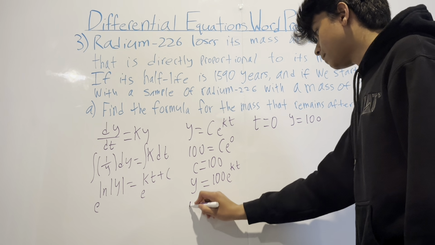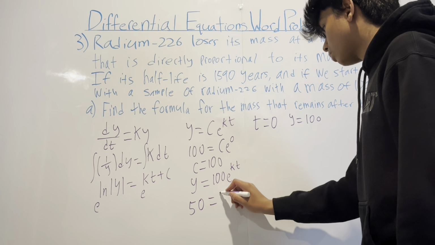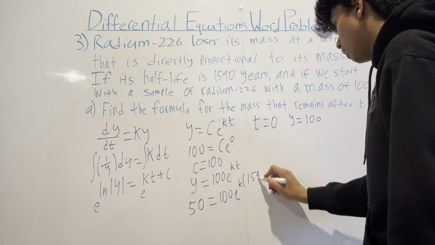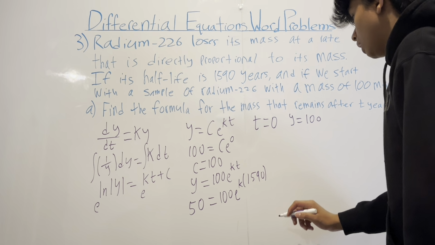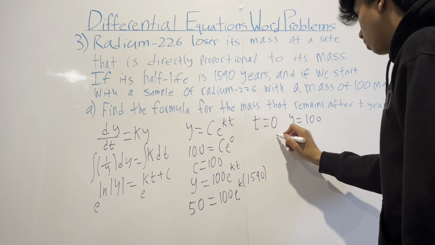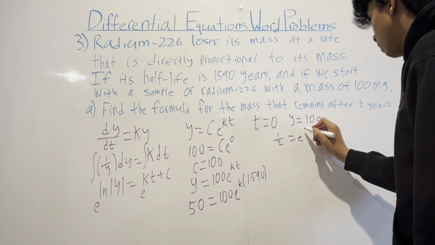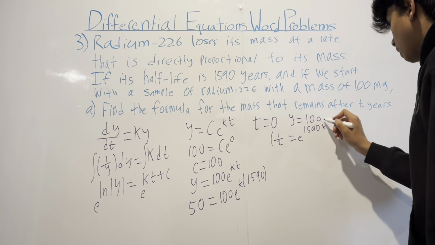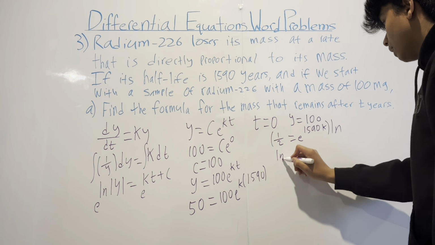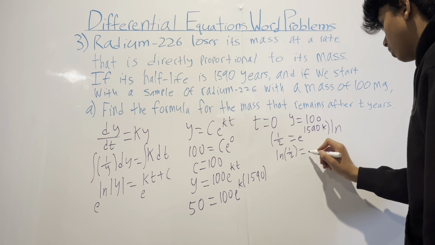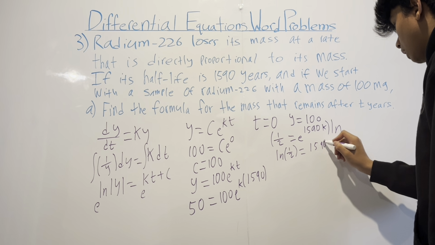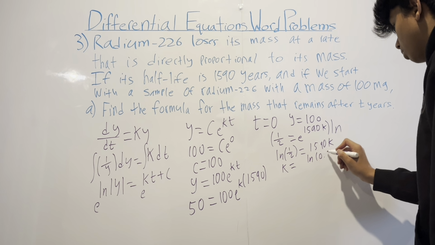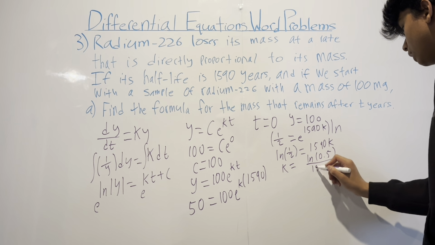So 50 equals 100 e to the k times 1590. Now we need to solve for k. First we divide by 100, so we get 1 over 2 equals e to the 1590k. ln both sides, so we get ln 1 over 2 equals 1590k. So k is equal to ln 0.5 over 1590.